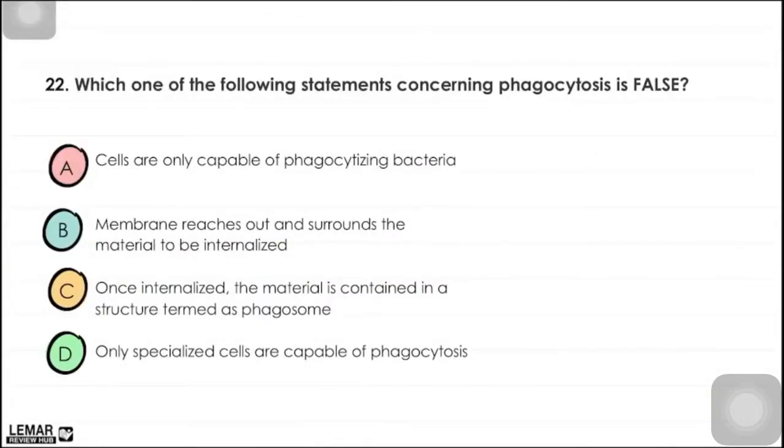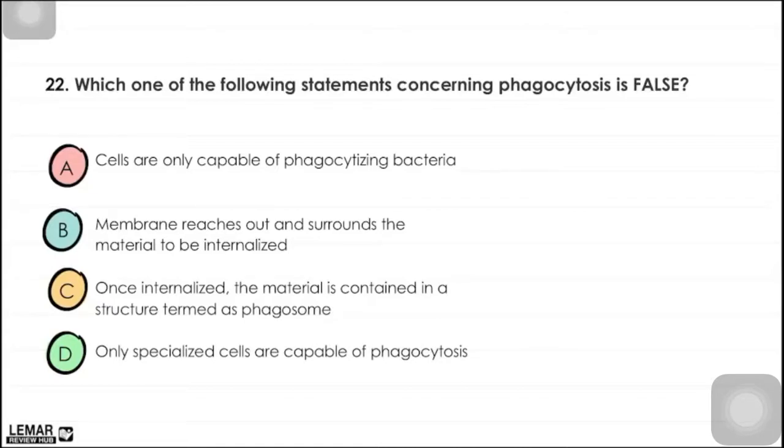Number 22. Which of the following statements concerning phagocytosis is false? Letter A, cells are capable of phagocytizing bacteria. B, membrane reaches out and surrounds the material to be internalized. C, once internalized, the material is contained in a structure termed phagosome.